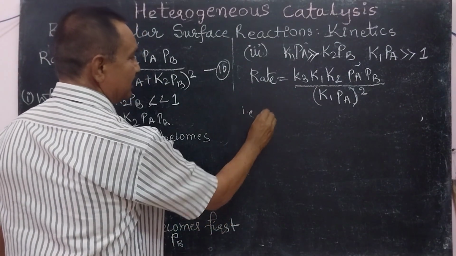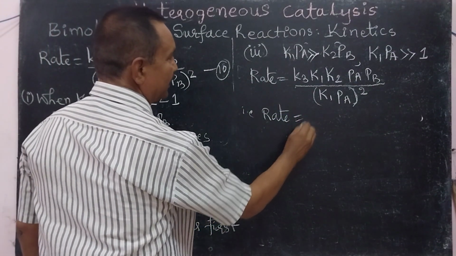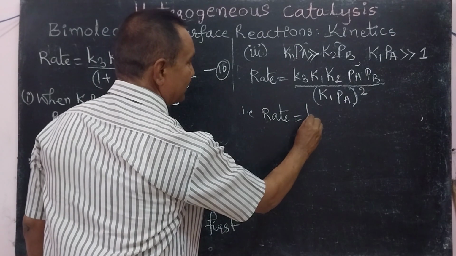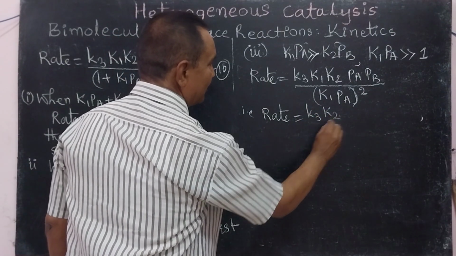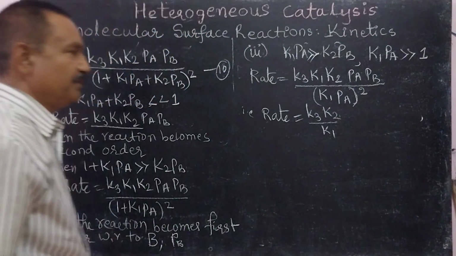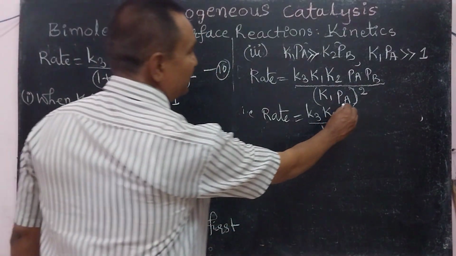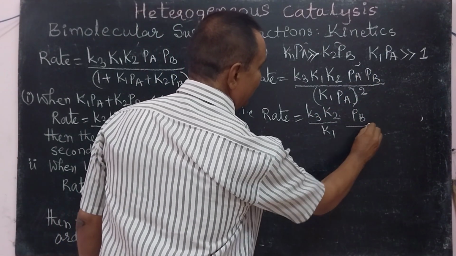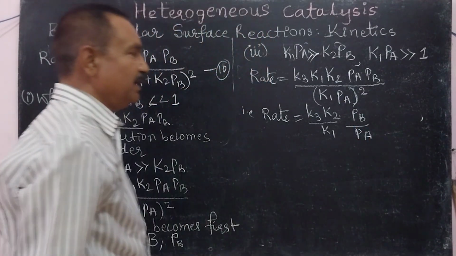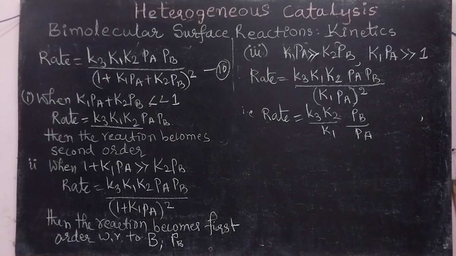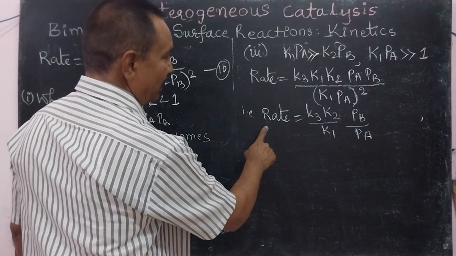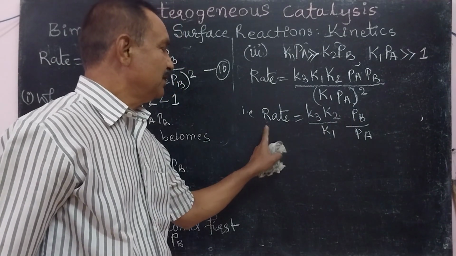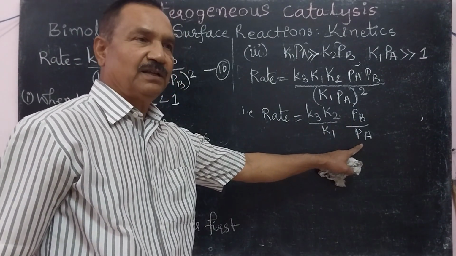The K1 cancels, so rate equals K3 K2 divided by K1, times PB divided by PA. In this case, the order of the reaction is 1 with respect to PB and -1 with respect to PA, that is, a negative order.